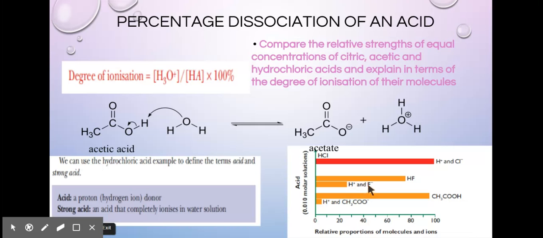So you'd get about 25% of the acid actually breaks up, and 75% of the acid remains as the molecule. Whereas with the acetic acid, it's only about 4% that actually breaks apart, and the rest of it remains as the molecules.